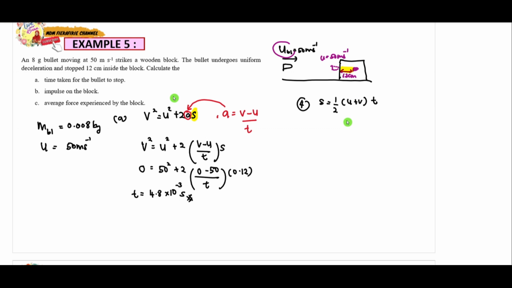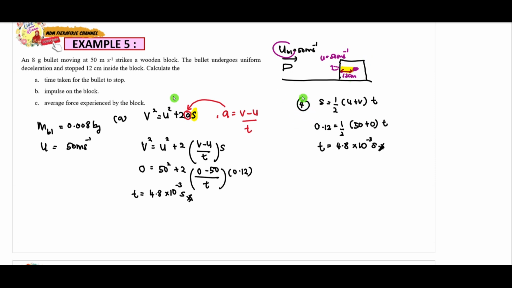Jadi equation ini tiada acceleration. So when we substitute all the values, kita akan dapat nilai T. So 50 plus 0 and T is equal to, jawapan dia sama juga, 4.8 times 10 power of negative 3 seconds. Okay, so ini kalau you guna equation yang keempat.